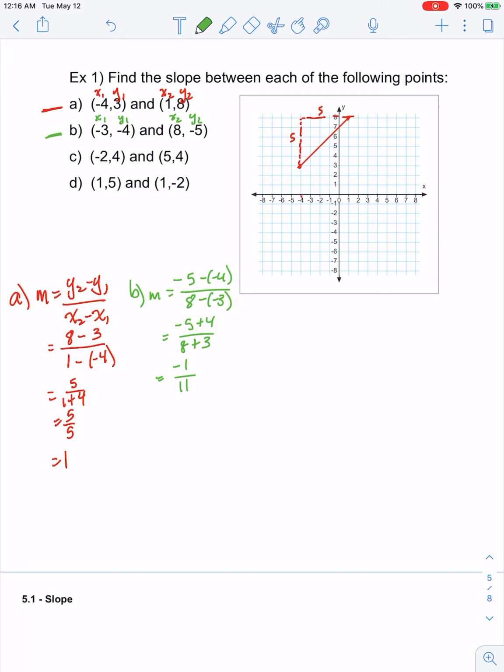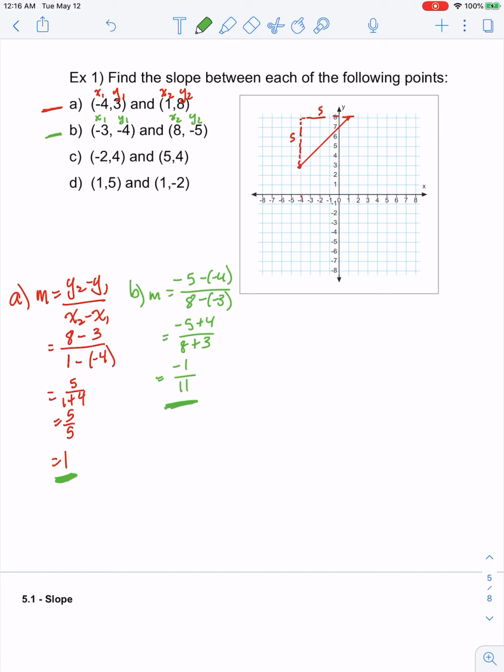That tells me that this line doesn't have a very steep slope. See how this is negative 1/11? This is 1. This one's going to be steeper. The line segment that has a slope of 1 is going to be way steeper than the line segment that has a slope of negative 1/11.